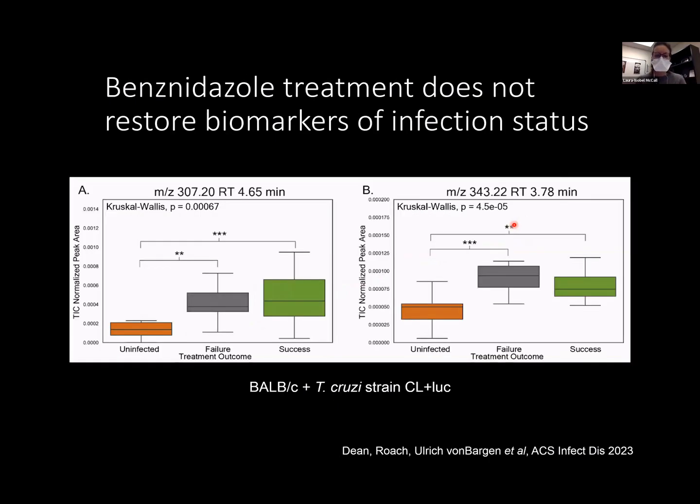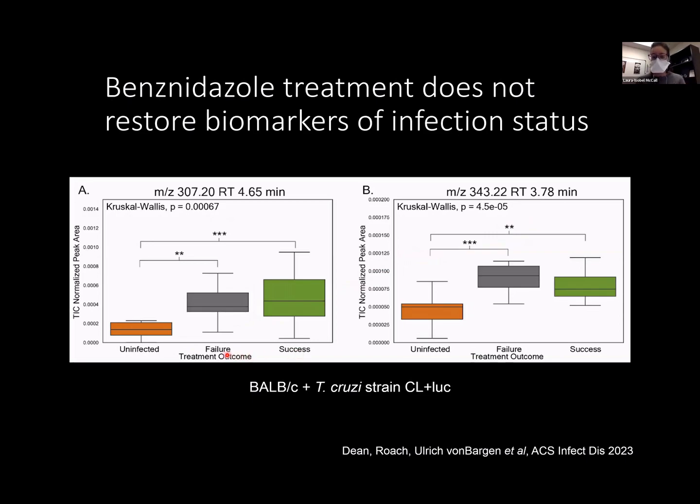So we set up another mouse infection cohort. And what we did is we chose the benznidazole dose there so that some mice would be completely cured, no more parasites left, and we call that treatment success. And other mice would still have parasites left over, and we call that treatment failure.